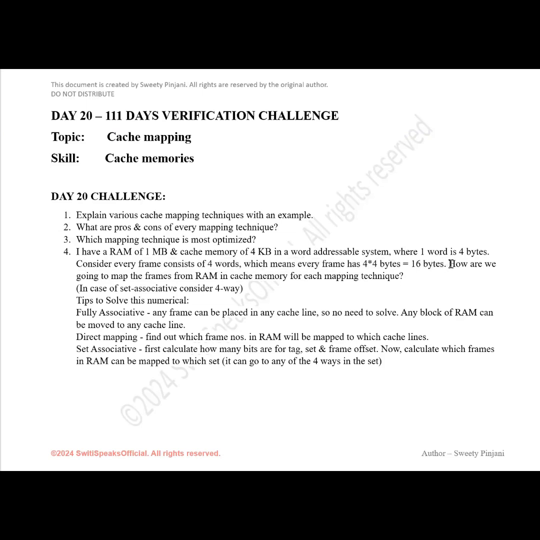You need to tell how you are going to map these frames, which are of 16 bytes, from RAM memory into the cache memory for each of the mapping techniques. For direct mapping, how are you going to map, for fully associative, and then for set associative? When you solve for set associative, consider that it's a four-way.